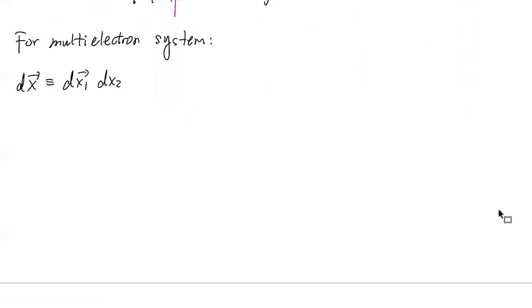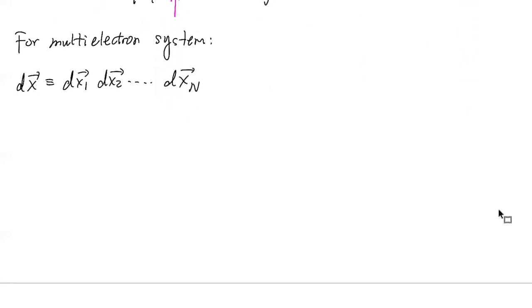So for a multi-electron system, instead of simply dx, you really have dx1, dx2, to dxn.